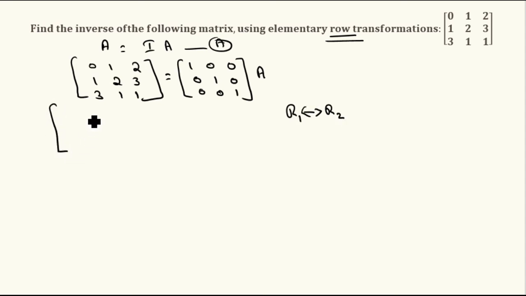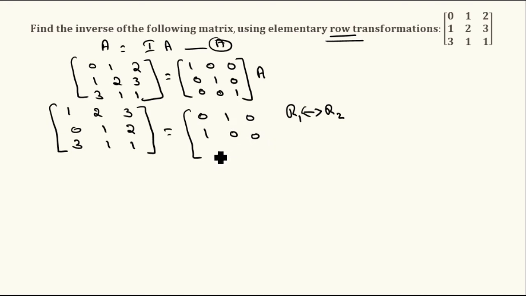So we'll get 1, 2, 3, 0, 1, 2, 3, 1, 1 equal to here will come 0, 1, 0, 1, 0, 0, 0, 0, 1 into A.